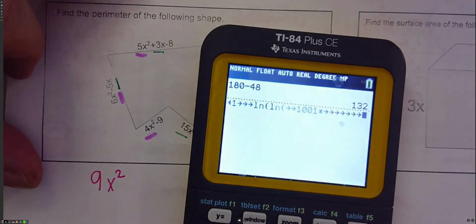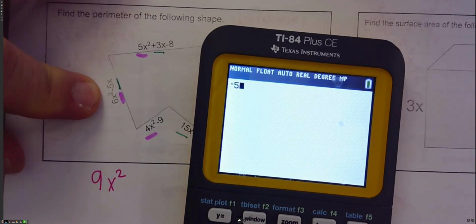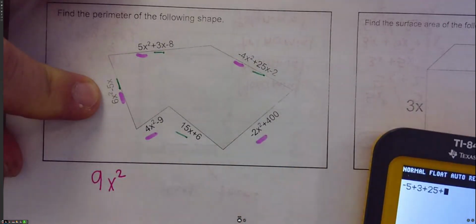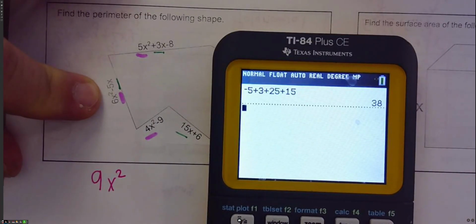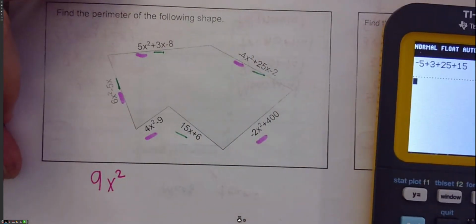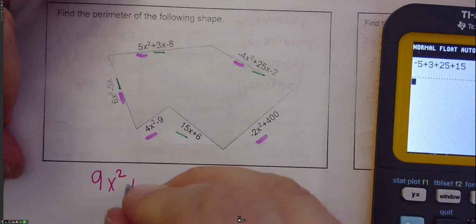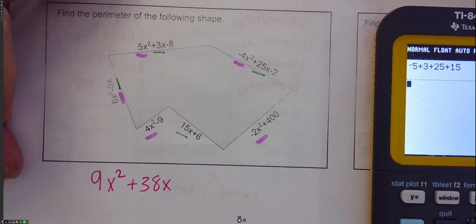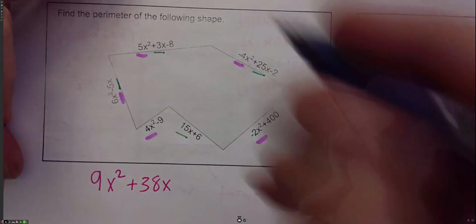How'd you get 38? There's 15 plus 5 is 20 plus 3. There's a negative. Oh, I didn't see the negative 5. Yeah, me neither. So 38. So plus 38x. And then finally, the last thing, I guess I'll underline in blue.